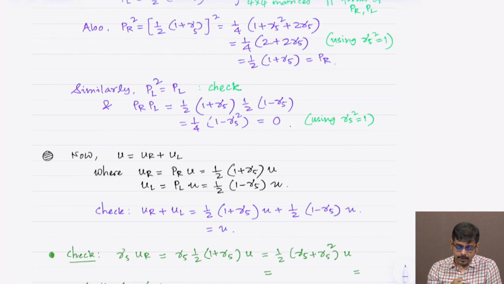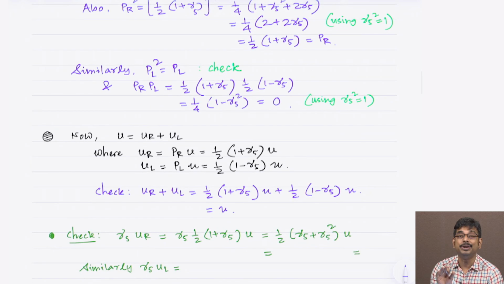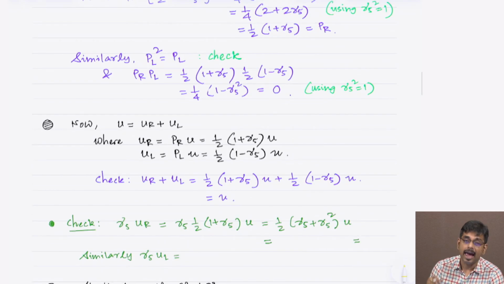Now, let us try to see if we can bifurcate the Dirac spinor U into UR plus UL. So, let us do that, where I define UR simply as the projection operator PR acting on the spinor U, and UL is defined as the projection operator PL acting on U to give you UL. And also, just because PR plus PL is equal to 1, it is easily identified that you can always write U equal to UR plus UL.